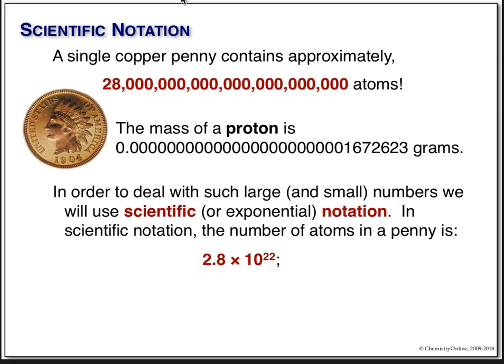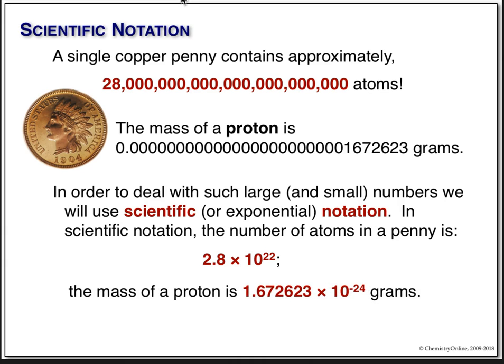This guy, little teeny tiny thing, comes across, like we said, at 1.67 times 10 to the minus 24. Now, converting numbers from decimal format into scientific notation is not difficult. There just are a couple simple rules that we have to follow.